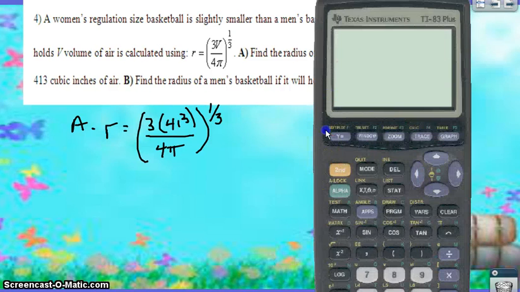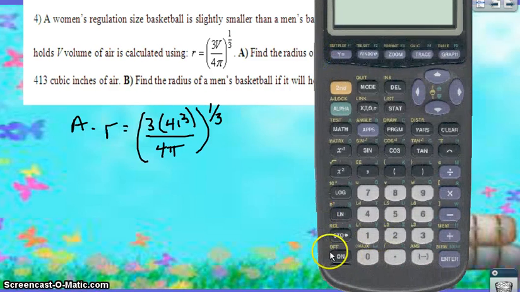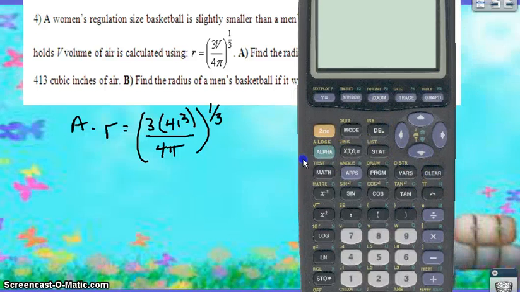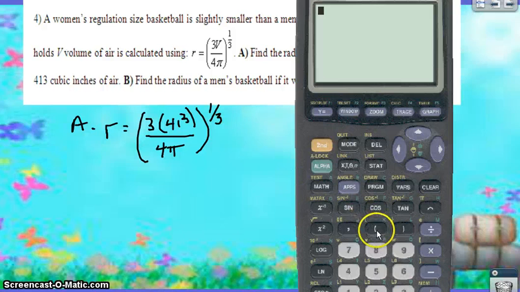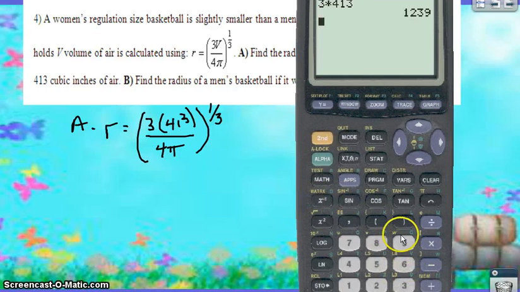Now, these are the type of questions that you have to be very careful how you put them in your calculator. So I am going to put in a parenthesis. You know what? I'm just going to do the numerator first. I'm going to do 3 times 413, enter. And then I'm going to say I want that number divided by parenthesis 4 and pi.